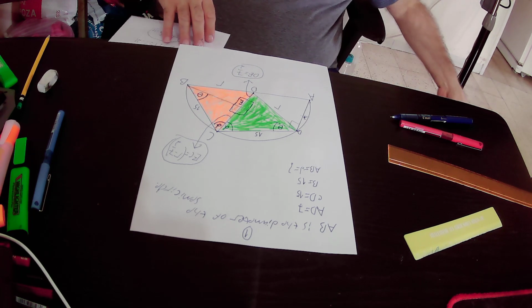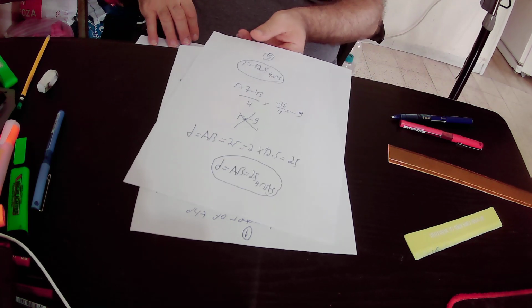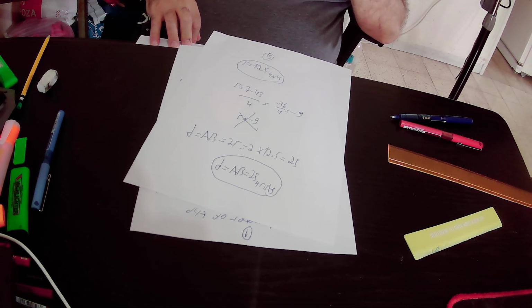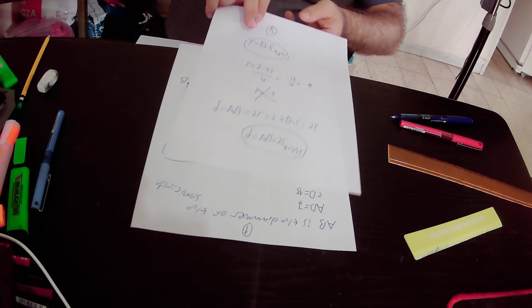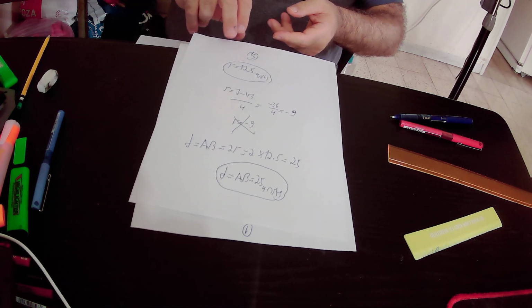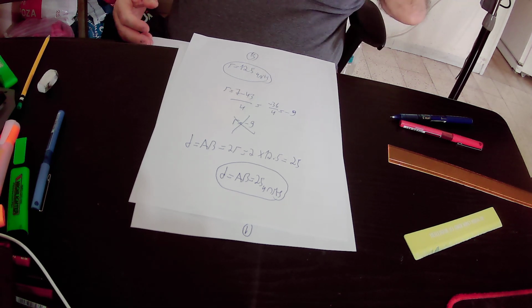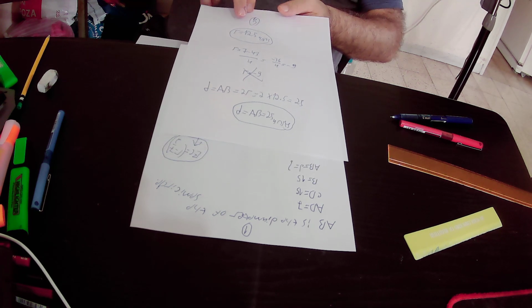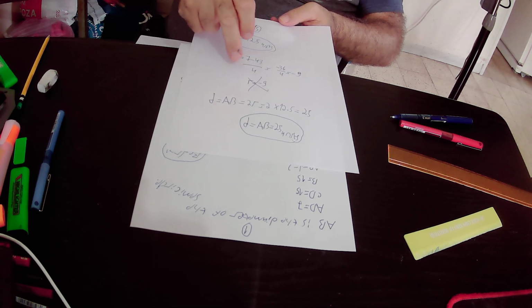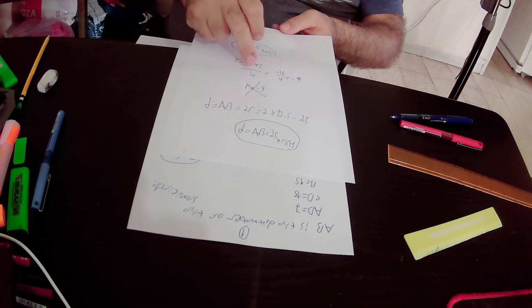We did it and we found that the radius of the semicircle equals 12.5 units, and we also have a second solution, that the radius equals minus 9, but it is impossible for the radius to be a negative number. Therefore we cancel this possibility and we are left only with the possibility that the radius of the semicircle equals 12.5 units.